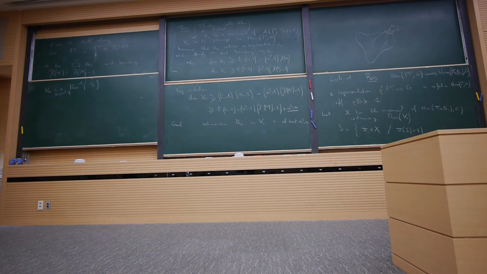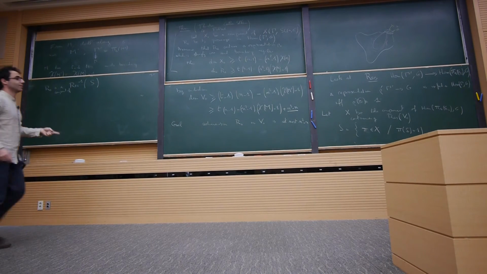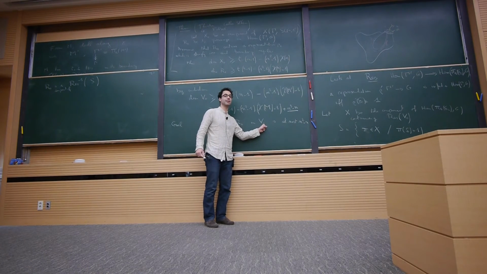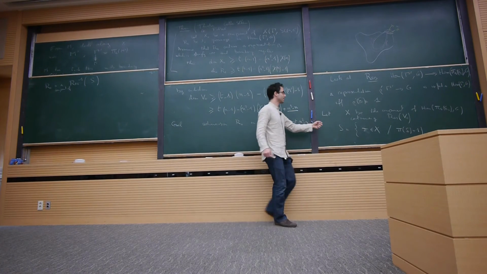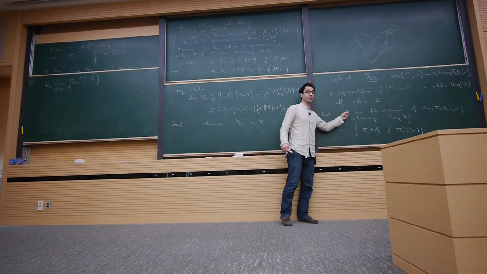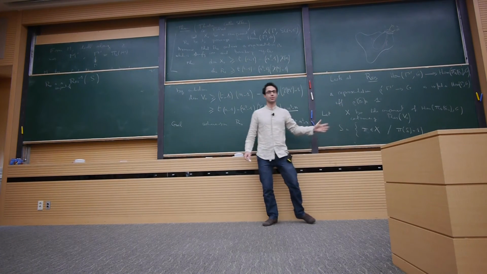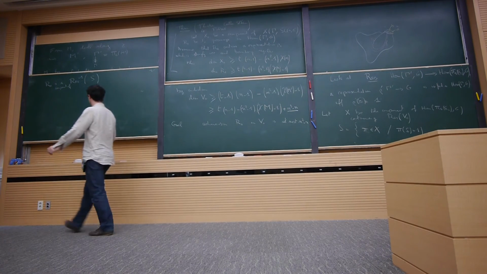So if I want to understand the codimension of this one in this one, it would be a good idea to look at the codimension of S in X. But this is a problem about surface groups, so this is not so hard.